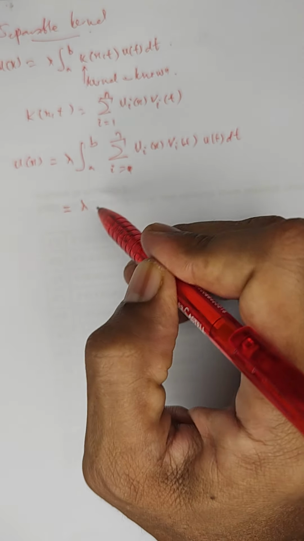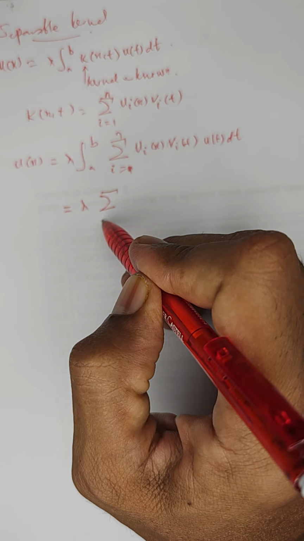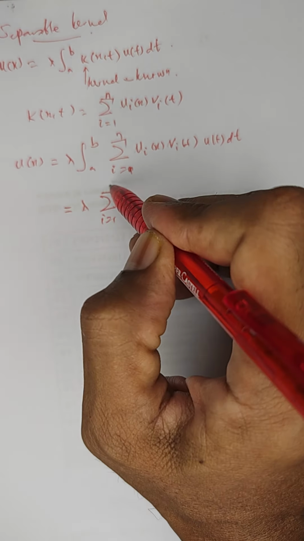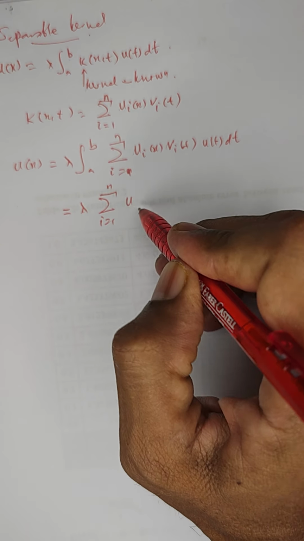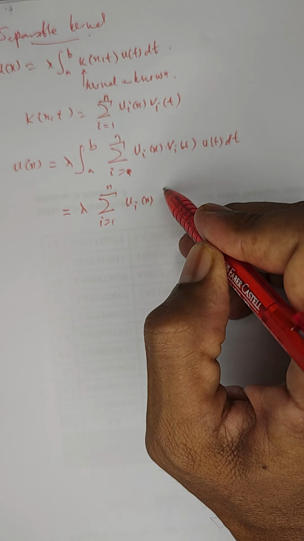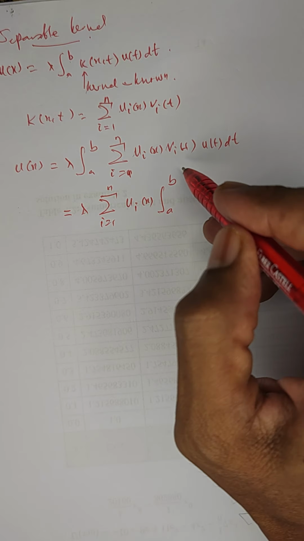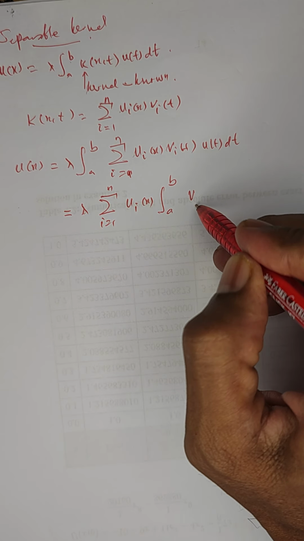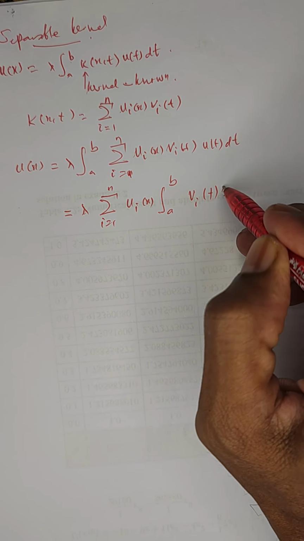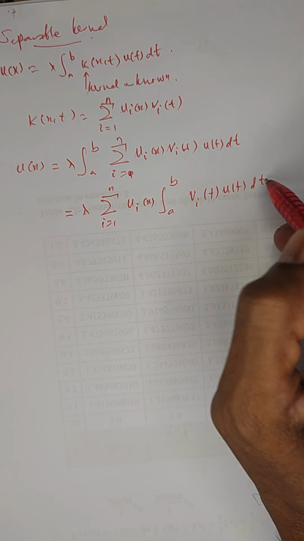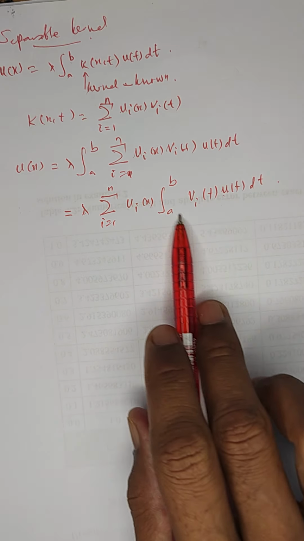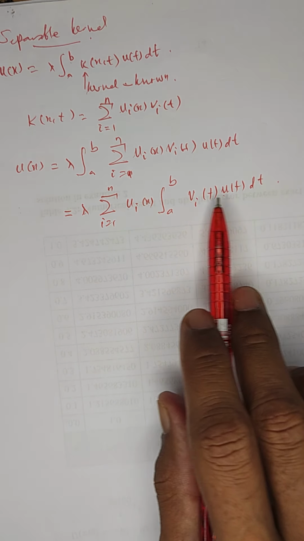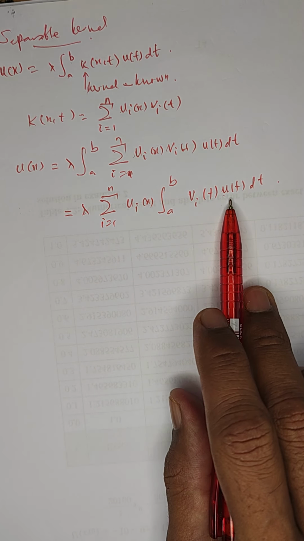So we have lambda summation i from 1 to n, take out u i x, then integrate a to b v i t u t dt. What is left now is we just need to integrate the function that involves t.